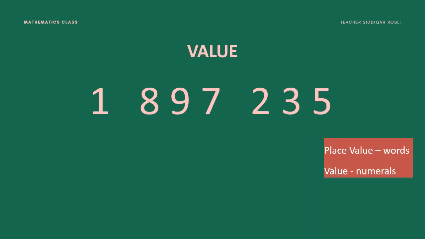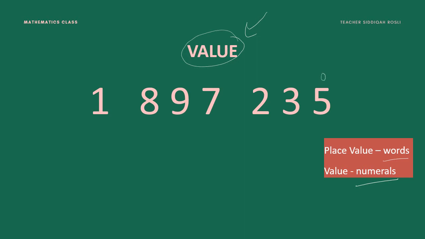Next, let's look at value right here, and I'm putting a reminder for everyone. When it's asking you for place value, then your answer is going to be in words. And if it's asking for value, your answers are going to be in numerals. So we're going to focus on value right here. So let's just quickly label the place value.